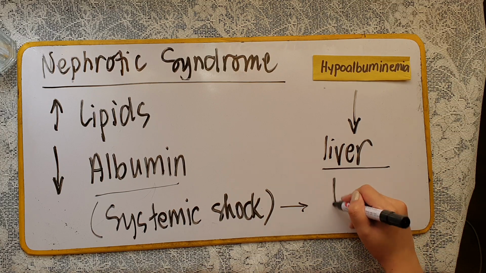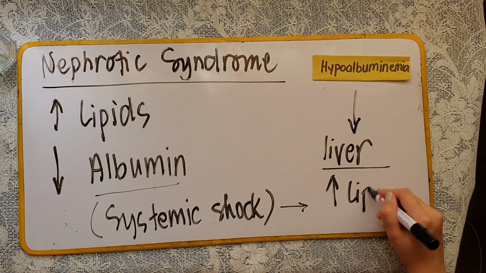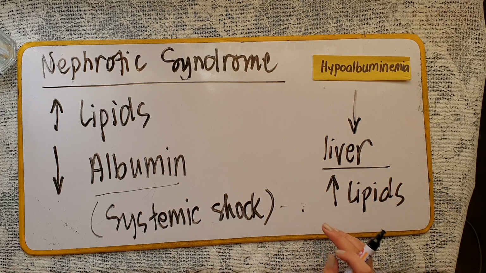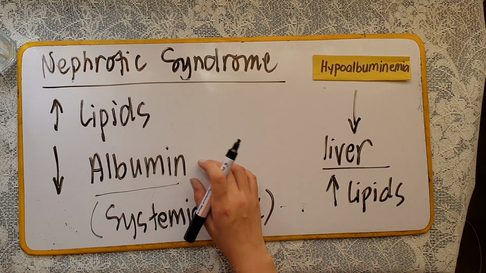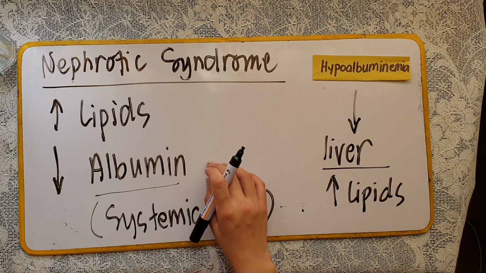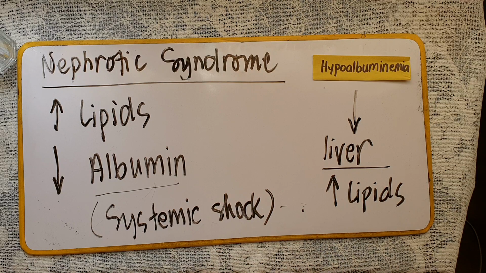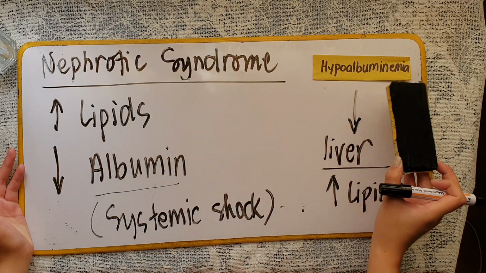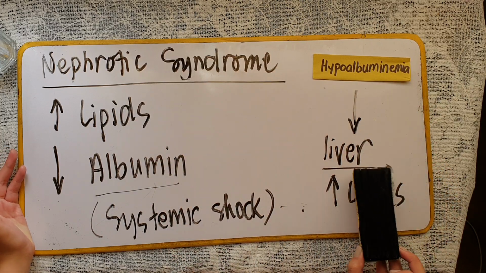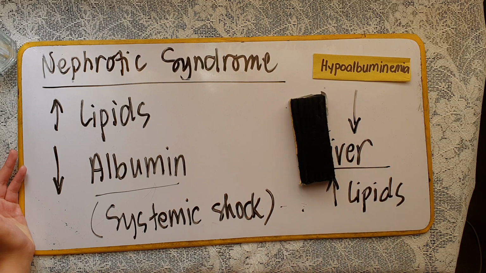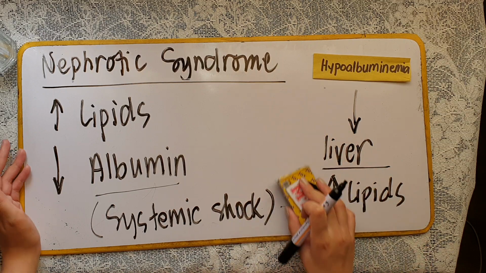Magpuproduce siya ng lipids to compensate to the loss of this albumin. So, yun ang reason why bakit tumataas ang lipid in cases of nephrotic syndrome, because ang pinaka-problem dyan is nag-start kay hypoalbuminemia. The liver compensates to the loss of albumin by stimulating the production of lipids.